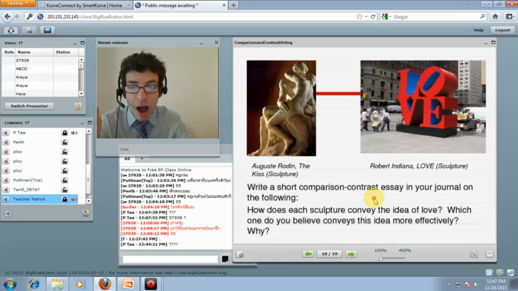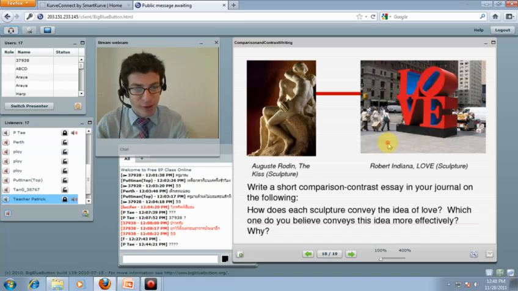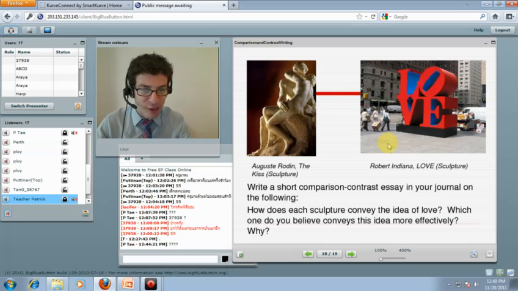So here, I want to say that the love sculpture on the right is better at expressing the concept of love than The Kiss. And the reason is because it doesn't have people in it. There we go. So that is simple. That is the point you want to make. These two things are actually very, very difficult to compare because art is very... So you have to think about it. It's much easier to work with things like movies and plays.